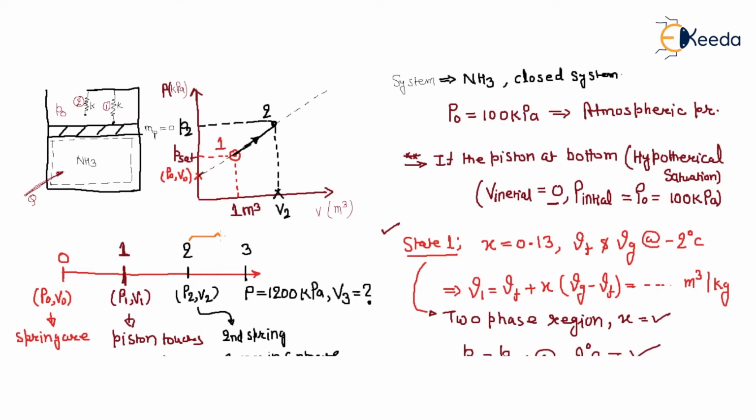2 to 3 region, both springs are in compression, and in 1 to 2, one spring is compressed, right?